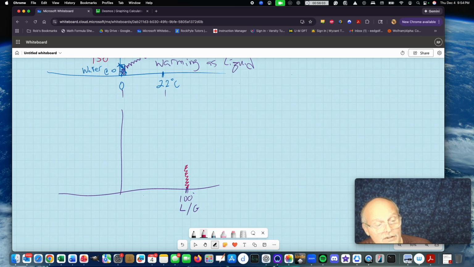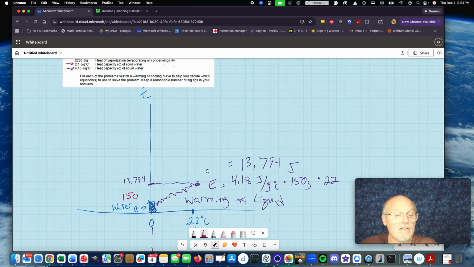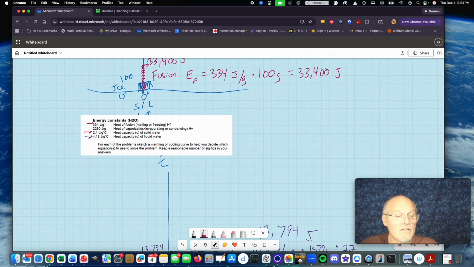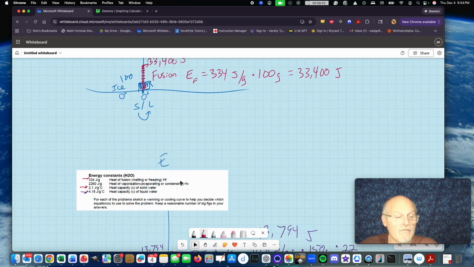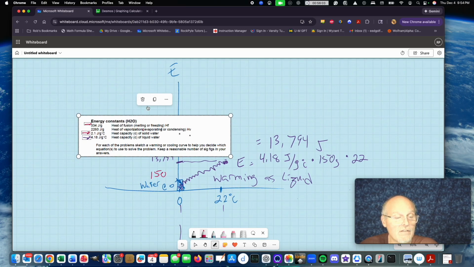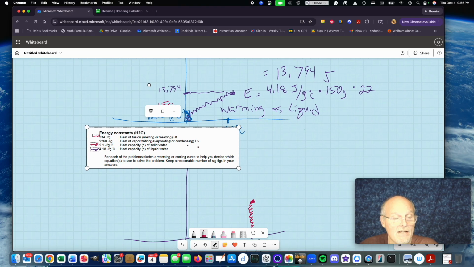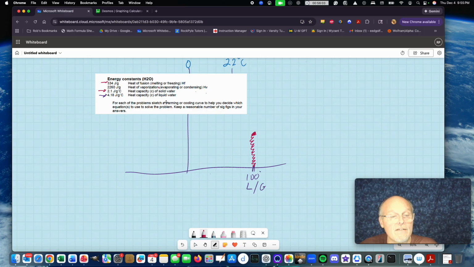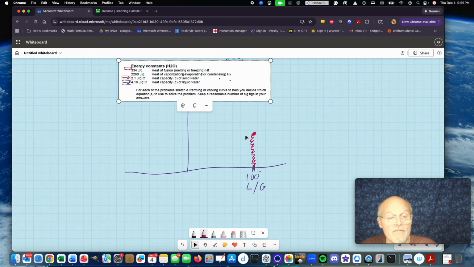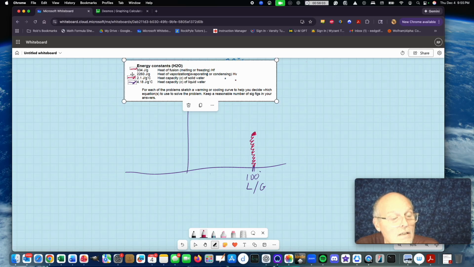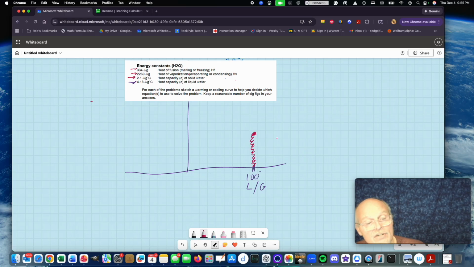It will just take energy, and this energy is called vaporization, because I am taking a liquid and turning it into a vapor. And you'll notice this is also the largest number on the page.